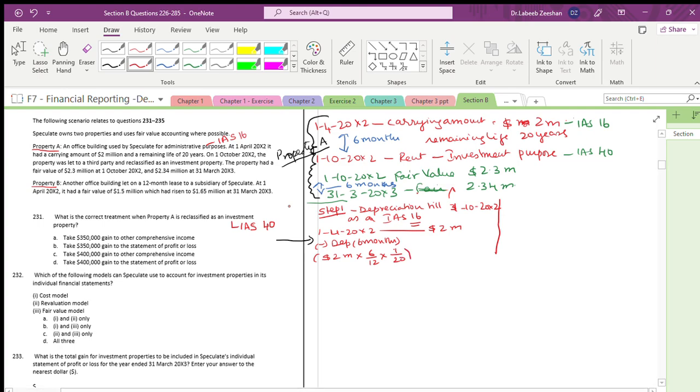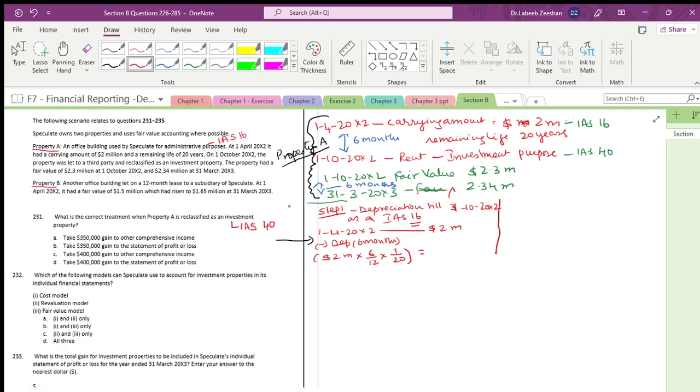How much will you get? 2 into 6 divided by 12, divided by 20.